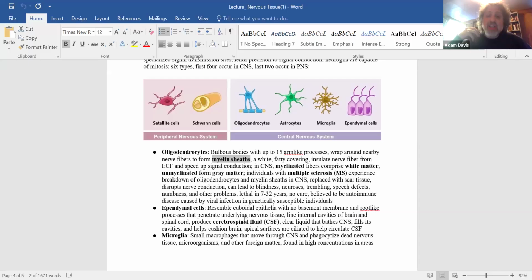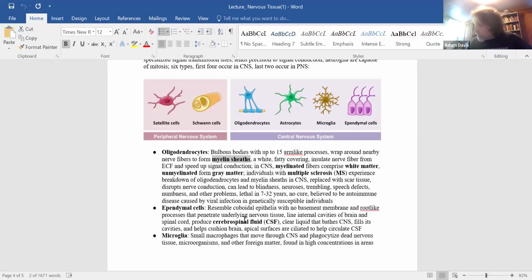The anaxonic neurons I talked about a little while ago are not myelinated because they don't have axons, and oligodendrocytes protect the axons. So the unmyelinated portions of the central nervous system form what's called the gray matter. So when we talk about gray matter in the brain, that's the portions that are not covered by oligodendrocytes.